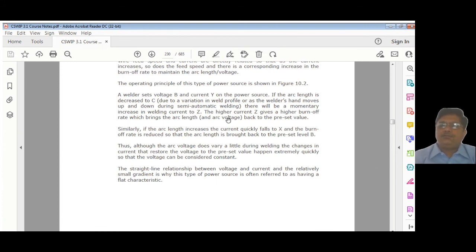Okay, a higher current setting gives a higher burn off rate, which brings arc length and arc voltage back to the preset value. Similarly, if arc length increases, the current quickly falls to X and the burn off rate is reduced, so that arc length is brought back to the preset level B. Thus, although the arc voltage changes very little during the welding, changes in the current that restore the voltage to the preset value happen extremely quickly, so the voltage can be considered constant here.